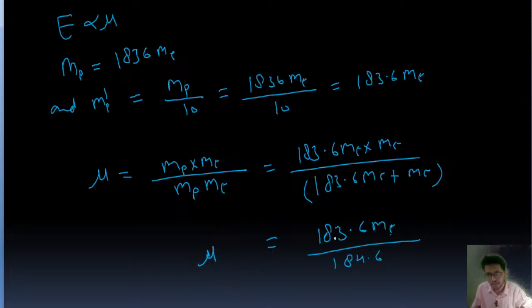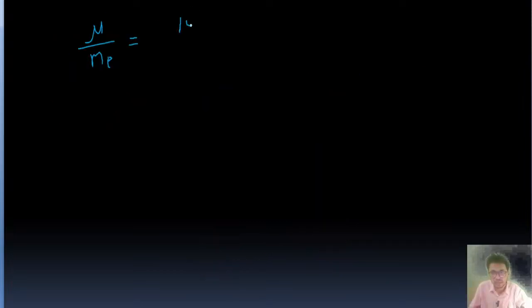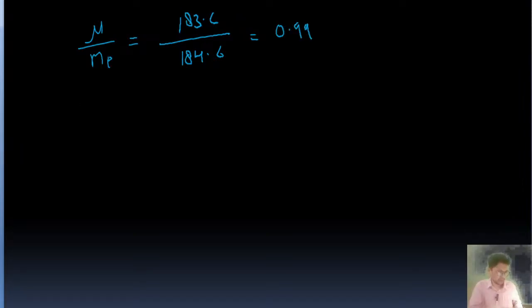So mu upon me is going to be 183.6 upon 184.6, right? So if we solve it, this value is going to be 0.99.